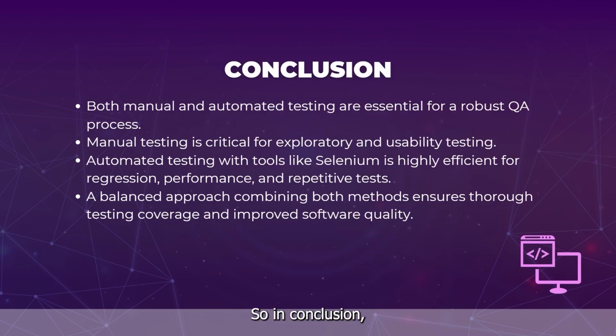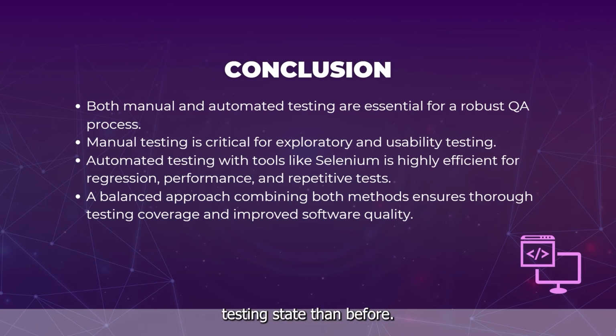So in conclusion, both manual and automated testing are essential for a robust quality assurance process. Some websites could require both. For meticulous testing, we do manual testing first, then automated testing for repetitive tasks. Manual testing is critical for exploratory and usability testing.